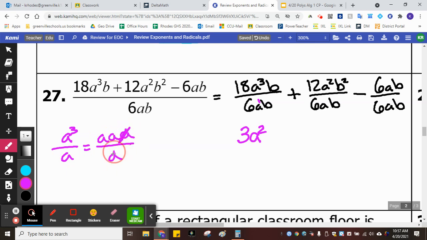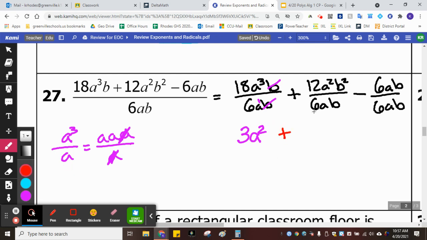Every 1 on top cancels with 1 on bottom, so you have 2 left over. I was going to say, because I was looking at 18, 12. All right, I'll take it. And then b and b, 1b on top cancels out with 1b on bottom.